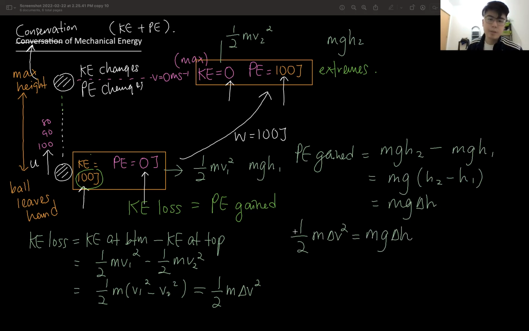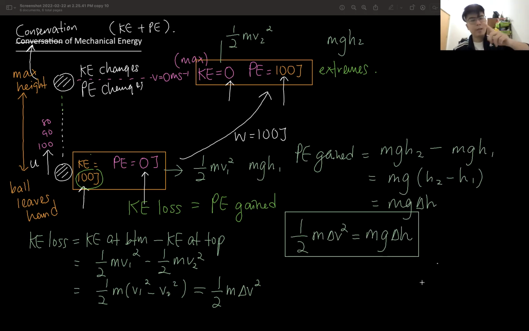Then you get this formula. This formula, you will use it all the time. Same formula, but they give you different story, different questions. They tweak the question a bit, but in the end, it's still the same law. What is this law? Conservation of mechanical energy.